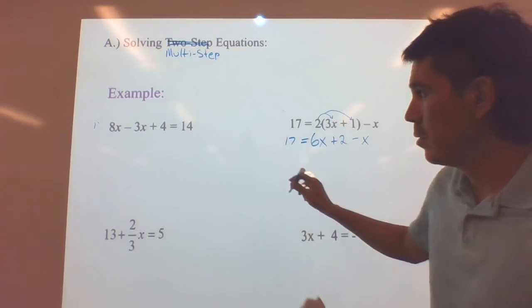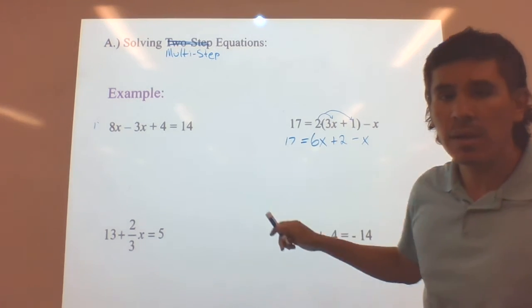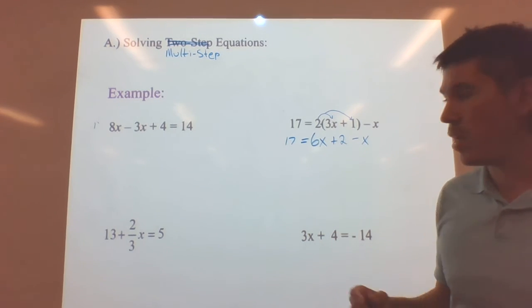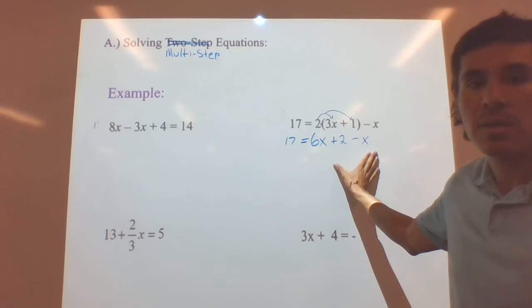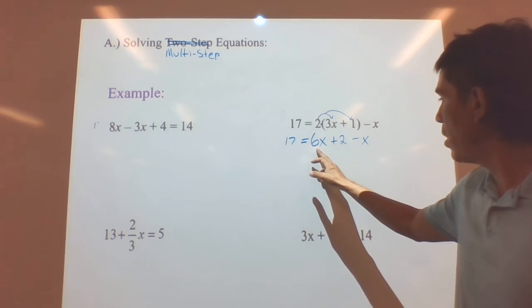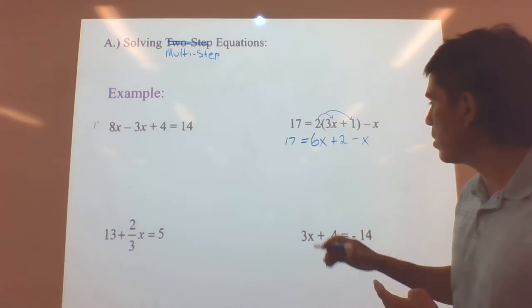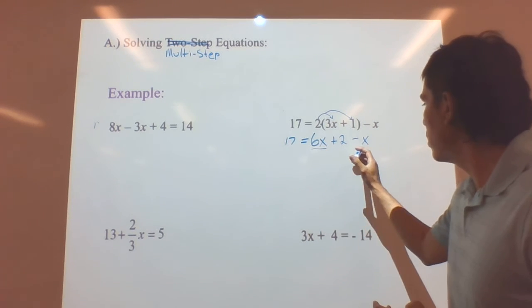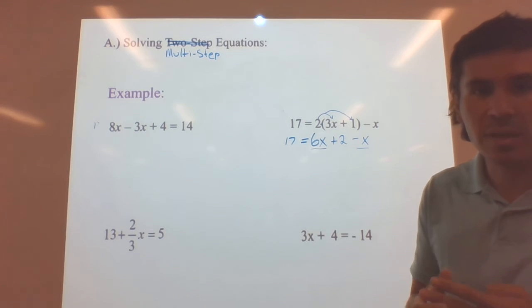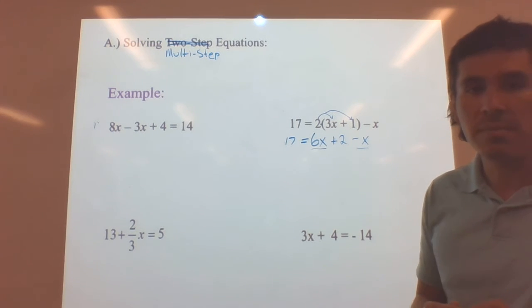Now we got to clean this up. We got to combine like terms. So we ask ourselves, what terms are similar? We have 6x and x. Those two are like terms. If they're like terms, then we combine them.